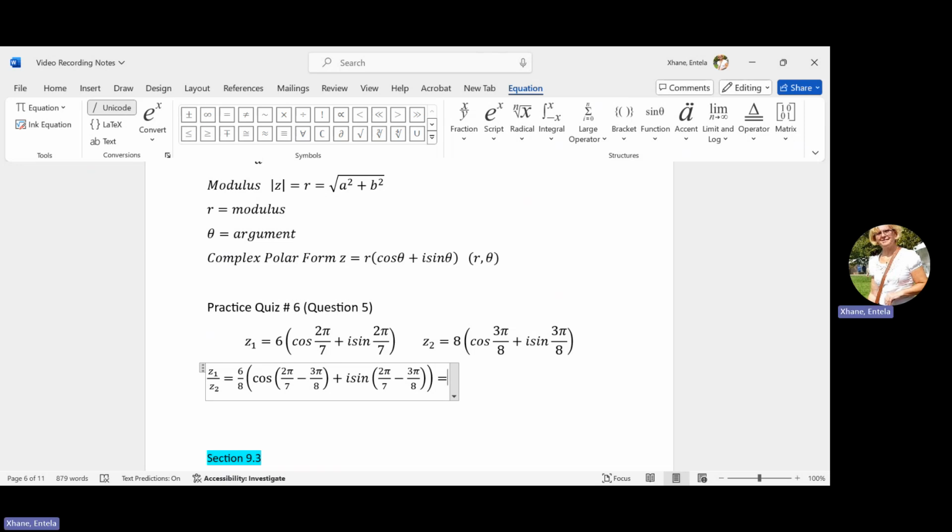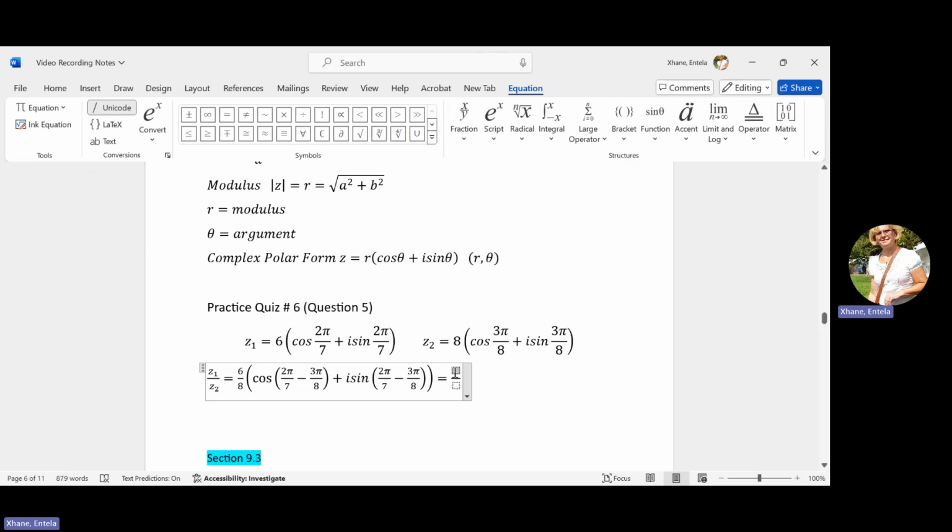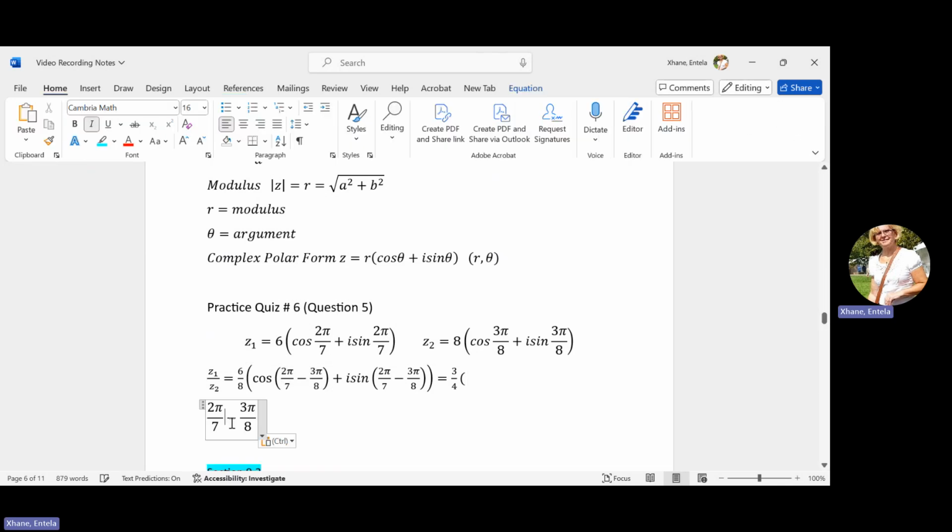And when I set up the product, I will more likely copy, paste and then make adjustments. So the entire focus now is on simplifying because this is not going to be my final answer. So 6 over 8 has to be simplified. They both are divisible by 2. So I'm going to write this as 3 over 4. Now I have to focus on this difference between the two radian measures, or two fractions. 7 and 8 are denominators that have nothing in common.